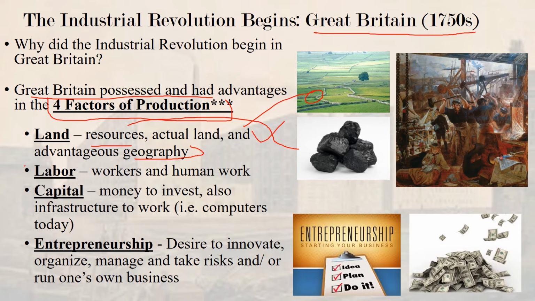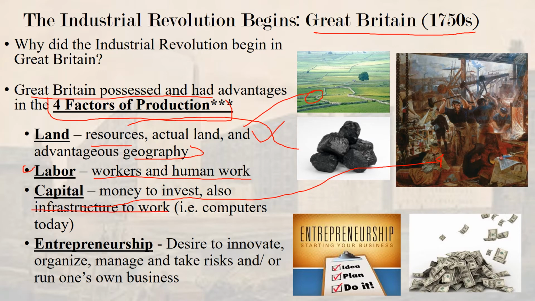They had advantages in labor. They had workers and humans that needed work. So they could immediately put these displaced agricultural workers, these farmers being kicked off the land, to work in factories.